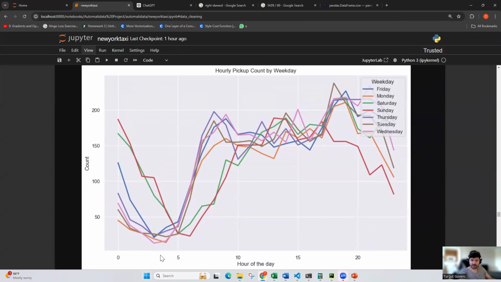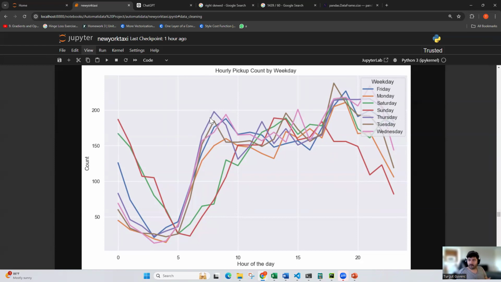So what we are seeing here, from 12 a.m., after 12 a.m., probably around 3 to 5 a.m., less than 50 people picked up. But after 5 a.m. to 10 a.m., except these two red and yellow lines, they're really high.